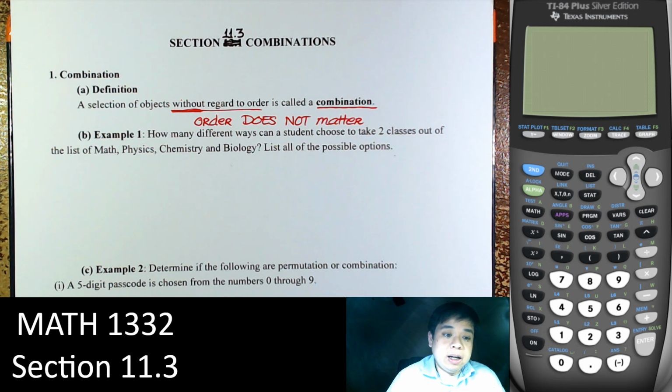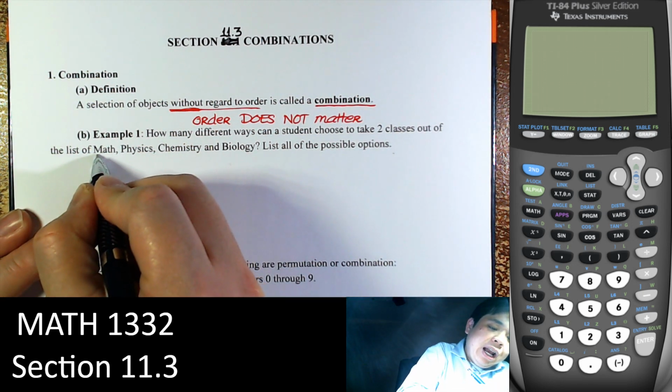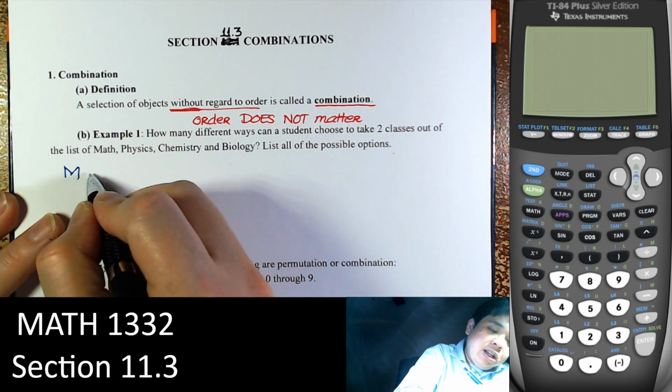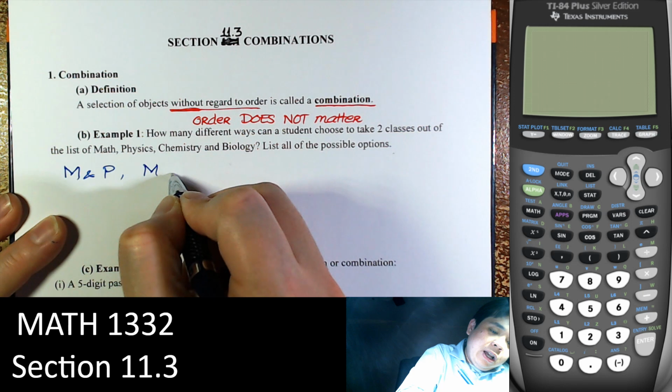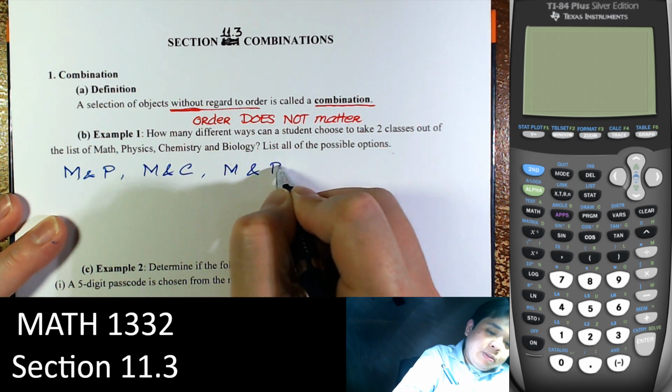So let's see, what can we choose? I will list here. Let's just keep the math, and then you can say math and physics, math and chemistry, or math and biology. There are three of them.